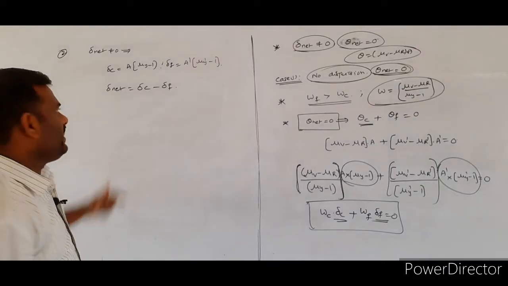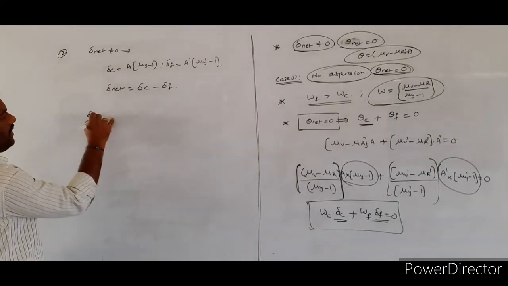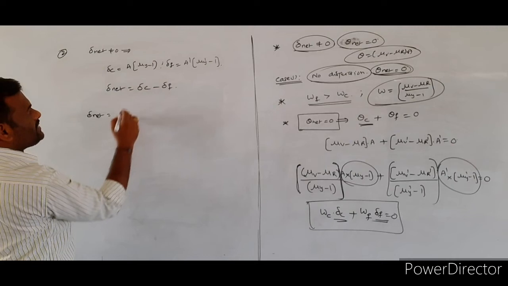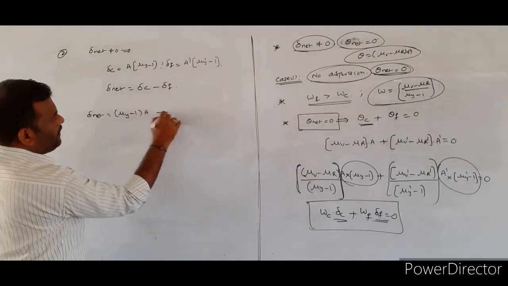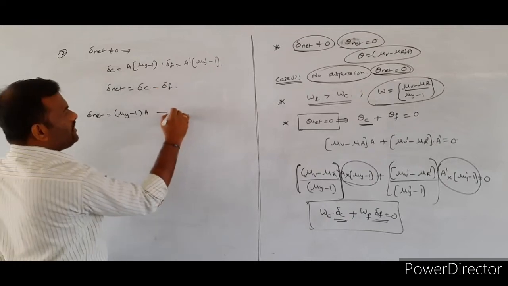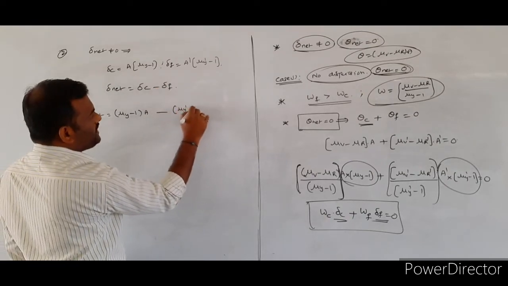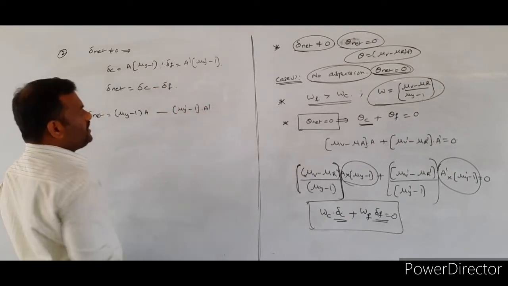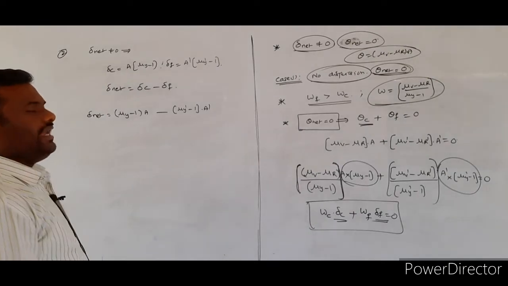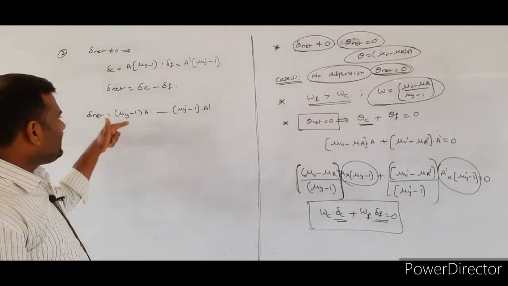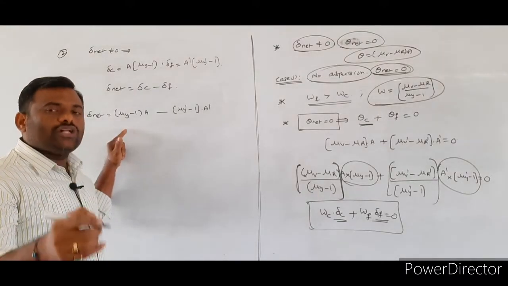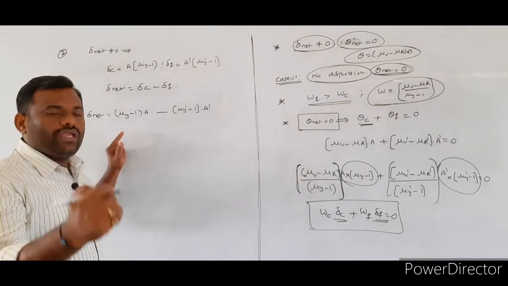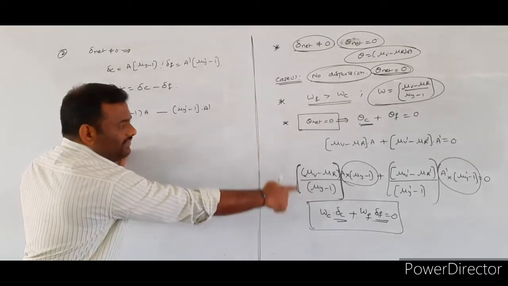Now we will simplify. Here delta net is equal to, what is the delta c? Mu y minus 1 into A, minus delta f, which is mu y dash minus 1 into A dash. Again, this term will be divided by mu v minus mu r and also multiplied by mu v minus mu r, similar to the previous case.